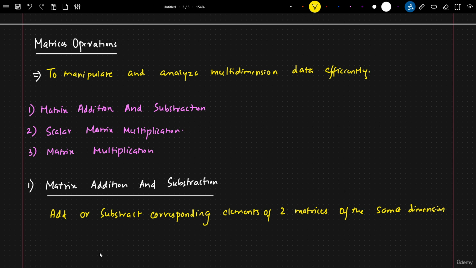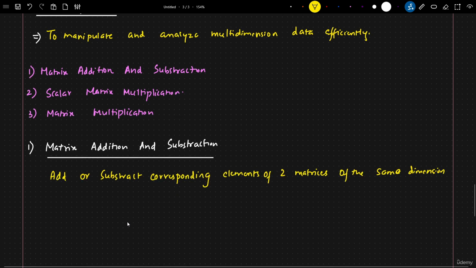Okay. So in order to perform any addition or subtraction, the first condition is that you really need to have both the matrices, or any number of matrices that you are performing this operation on, of the same dimension.